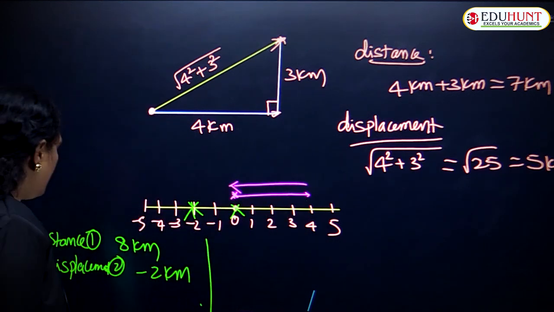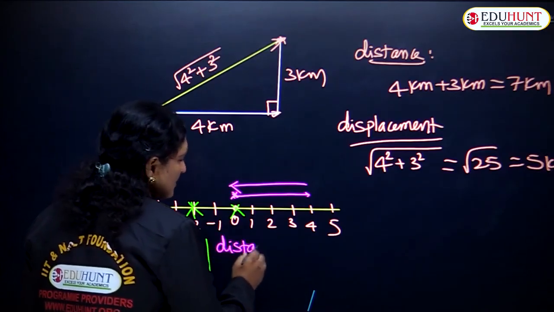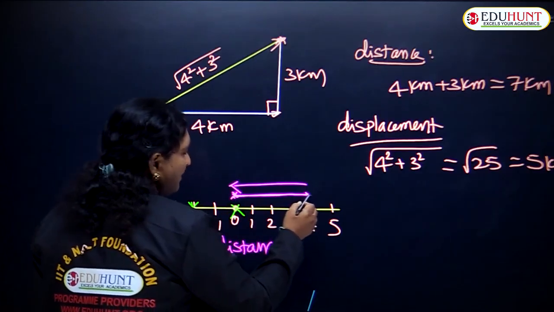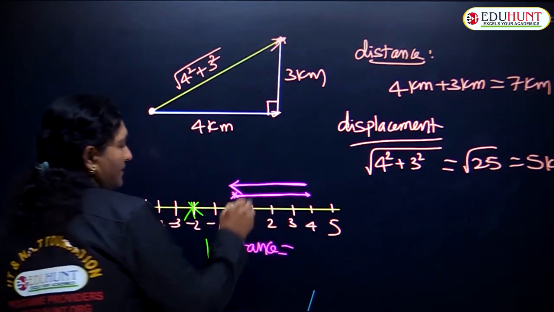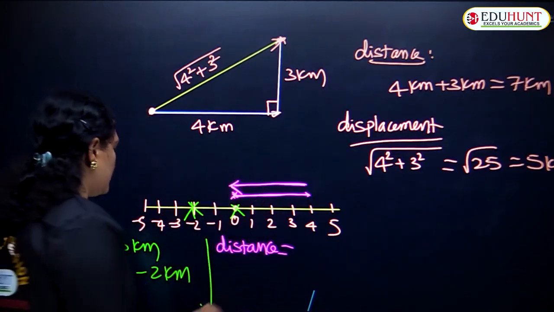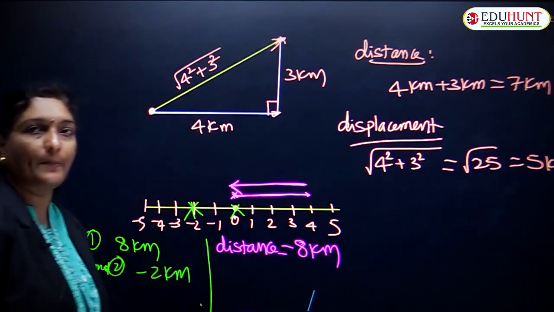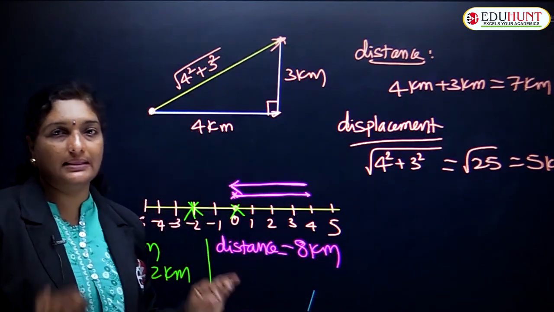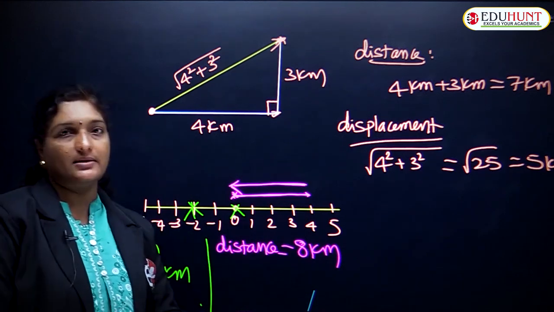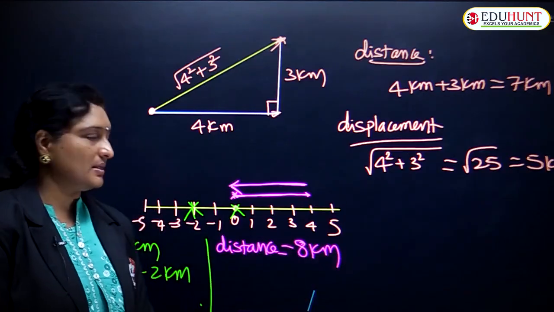Then in case 2, what is the value of distance covered, children? Distance equals the actual path length: from here to here 4 kilometers, and again from here to here 4 kilometers. How much is that? This is 8 kilometers, 4 plus 4. It is the actual path length. So, take a measuring tape and just follow his footsteps. Then measure the total length covered. That will give you distance.